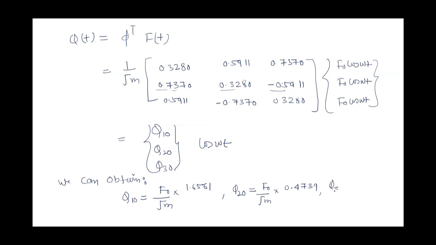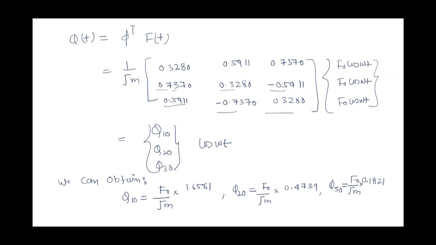Similarly, we can find Q3 naught, which is F naught over under root m, using the third row of this matrix. F naught by under root m can be taken as common, and this minus this plus this gives 0.1821. So now we know the value of the generalized force vector.